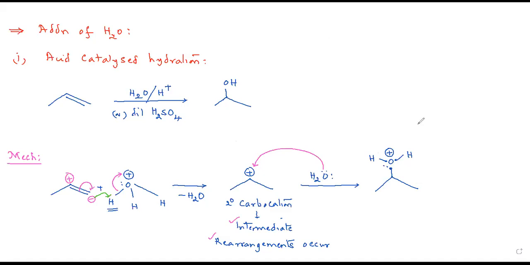Now then, the last step. The bond comes this way to the rescue of the positive charge, and H plus is lost. You got your product. So that is the mechanism.